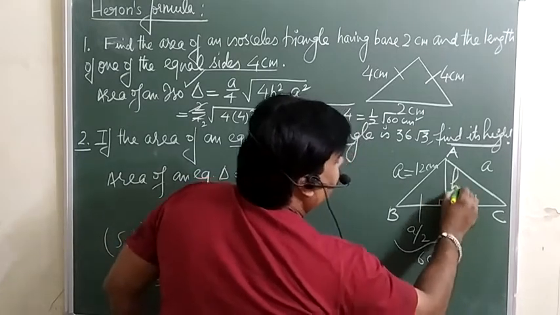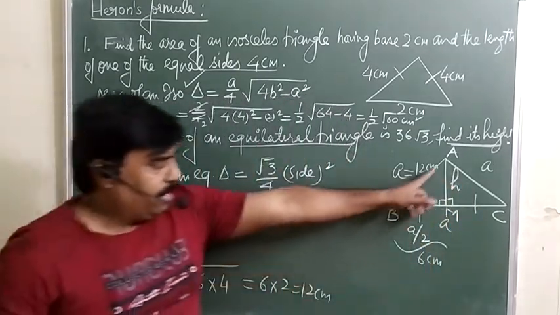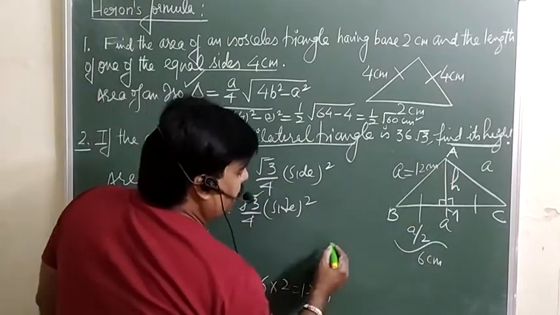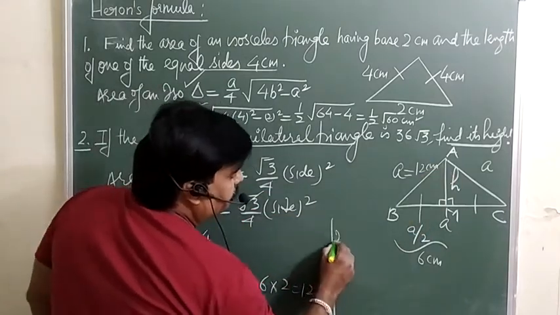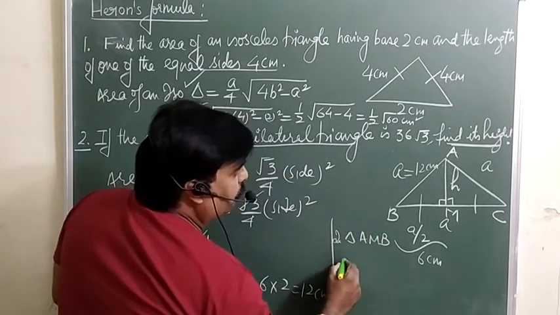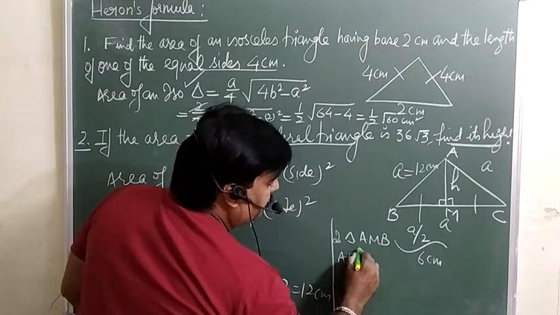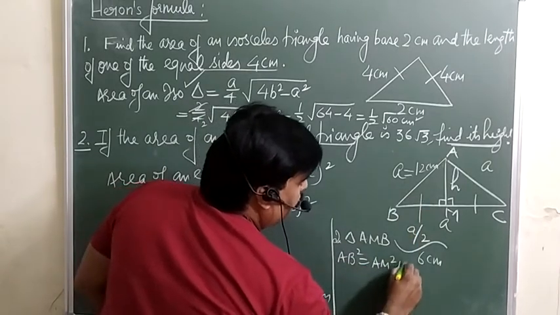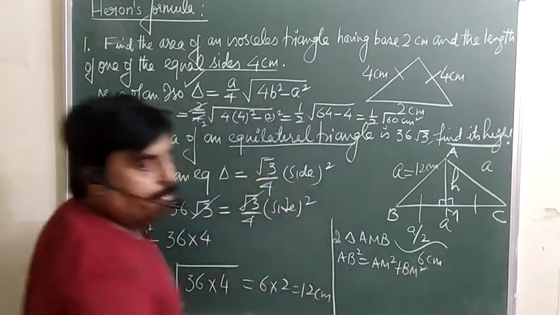We are interested in AM. By the Pythagoras you can apply, or directly you can calculate. If we apply the Pythagoras here, see now in triangle AMB, that is AB square is equal to AM square plus BM square.